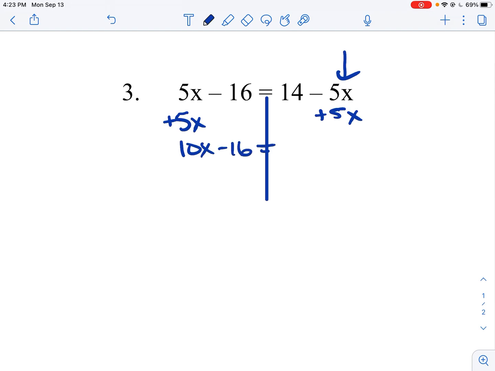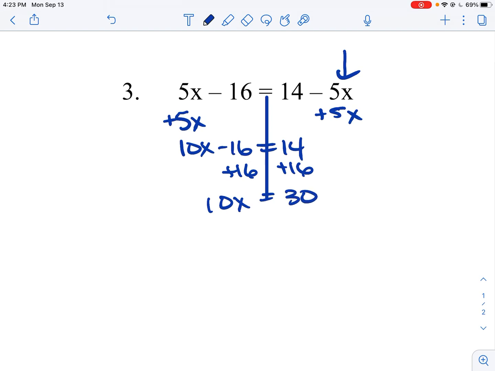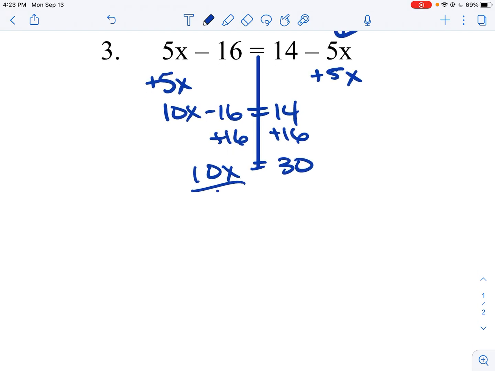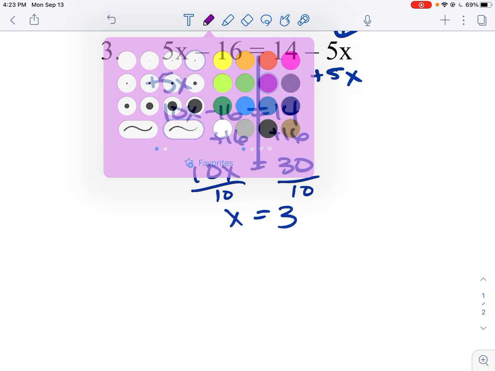Why? Because it's much easier when you don't have negatives to deal with. Then I add 16 to both sides. I get 10x equals 30. I divide by 10 on both sides, and I get x equals 3.